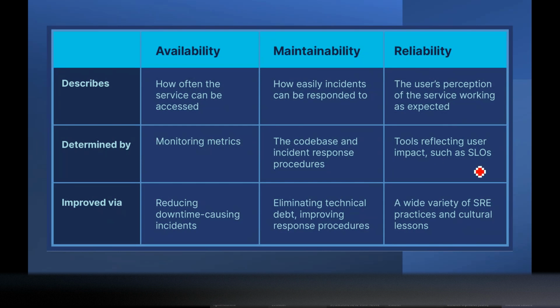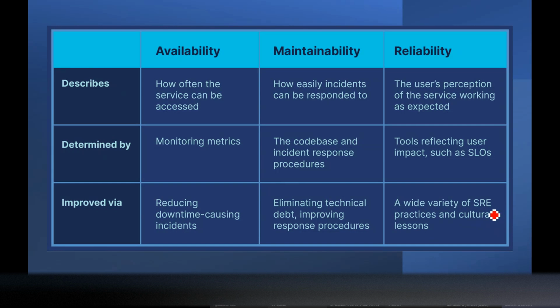Tools reflecting user impact, such as SLOs. So we can use SLOs for these things. And site reliability engineering. Right now, this is a very enthusiastic path, a newly introduced, fast-growing path.